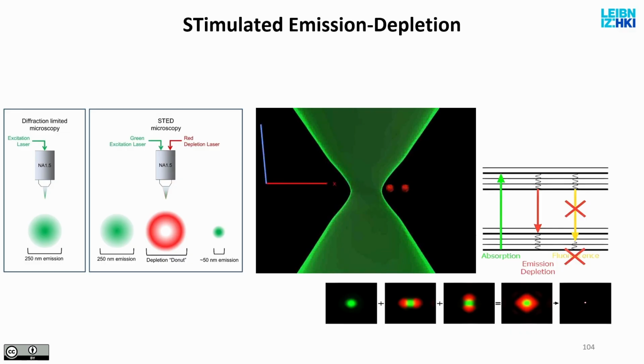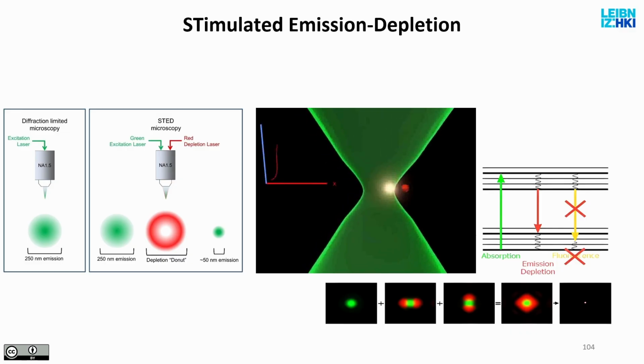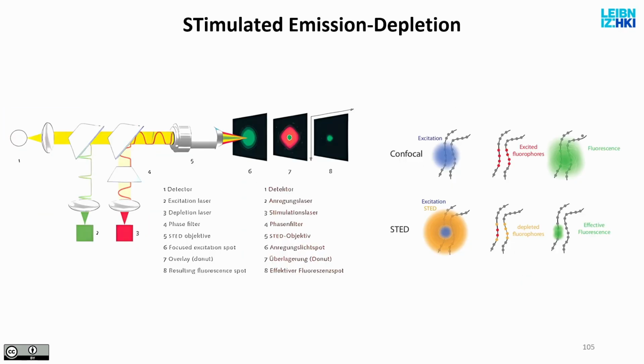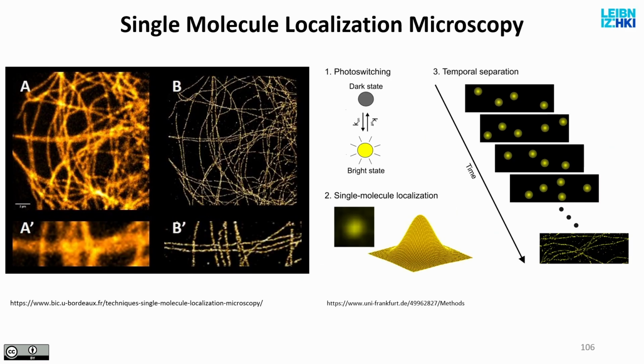But it is an improvement, yeah, compared to 200 nanometers. That's just another illustration. So the two lasers are all aligned, green, orange, and then this is the resulting spot, which is basically a much smaller point spread.